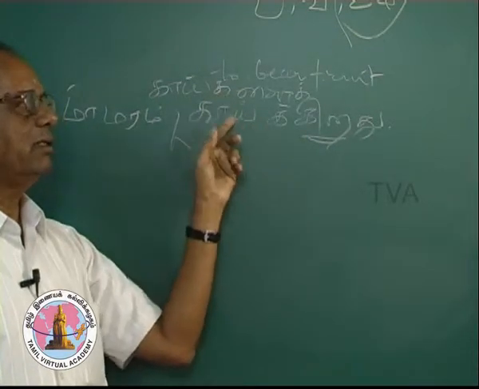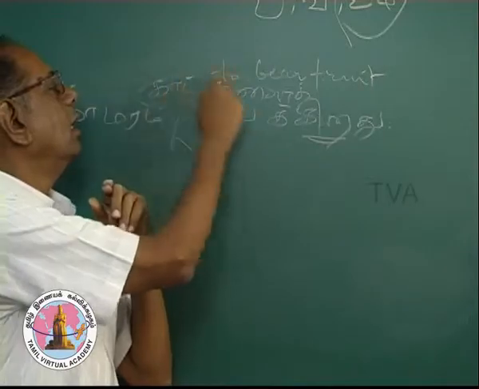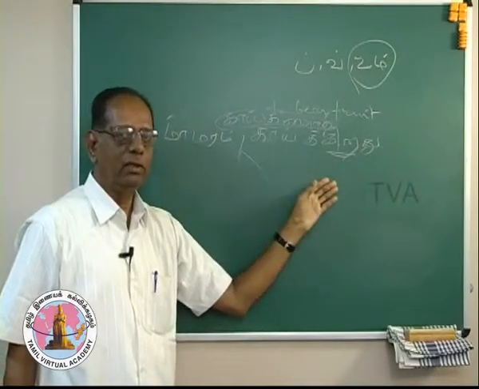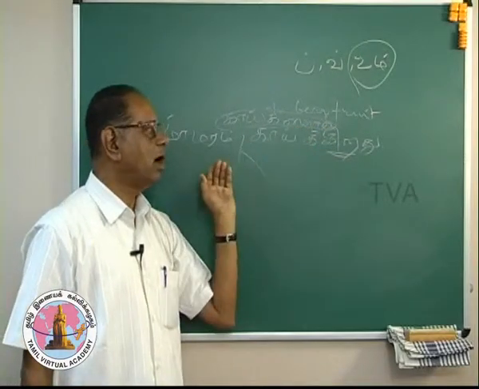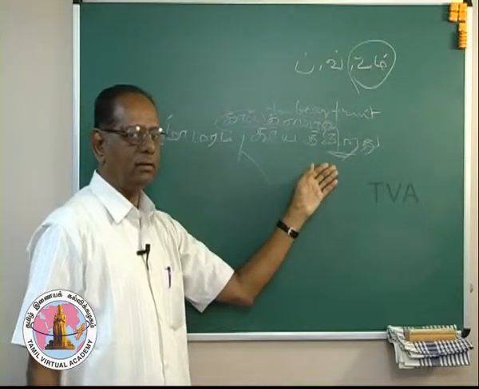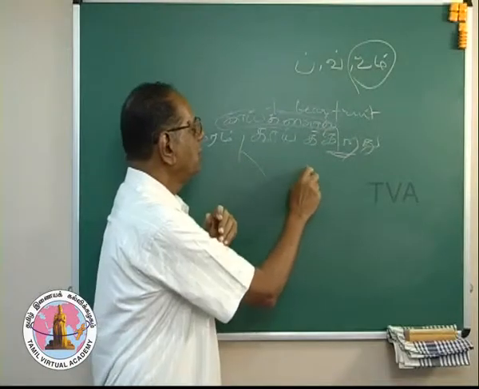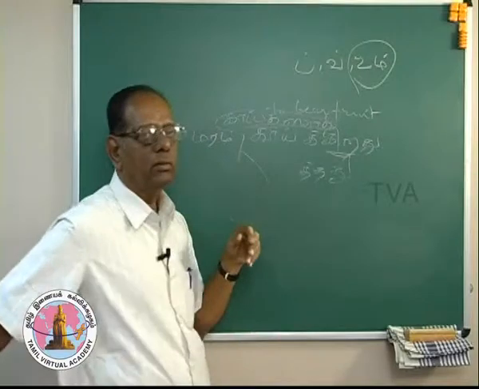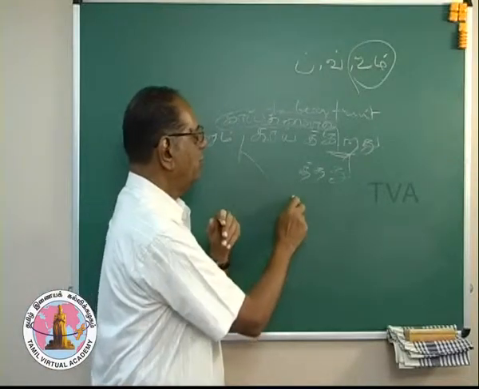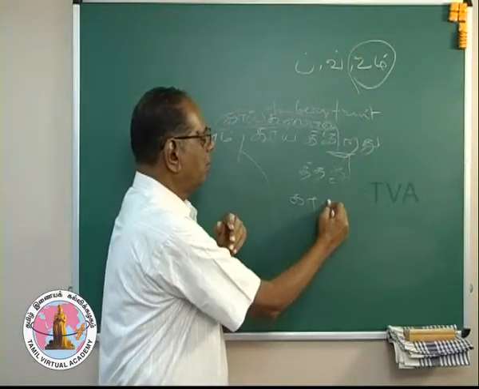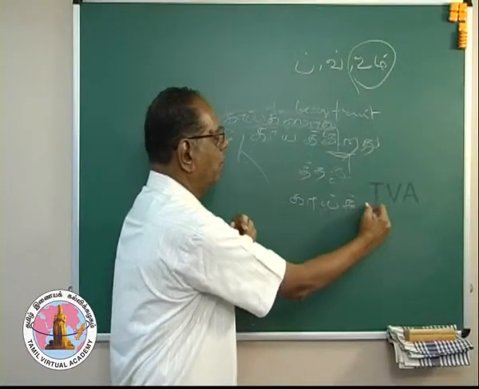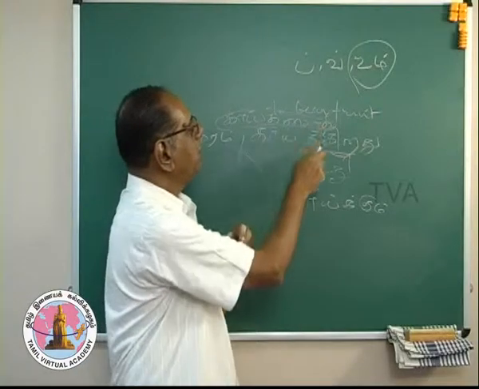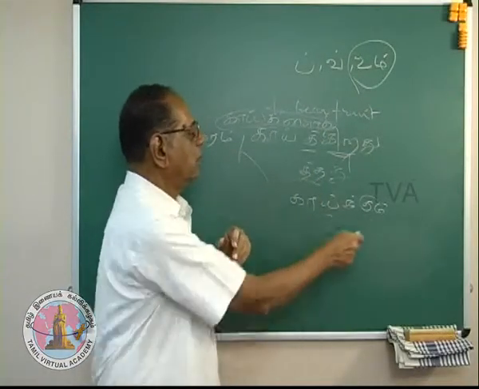Since you are repeating the same words, remove it, and simply this காய்க்கிறது will mean bears fruit. மாமரம் காய்க்கிறது. And what will be the past tense form? காய்த்தது. Future tense form? காய்க்கும். In all the places you have got this double.